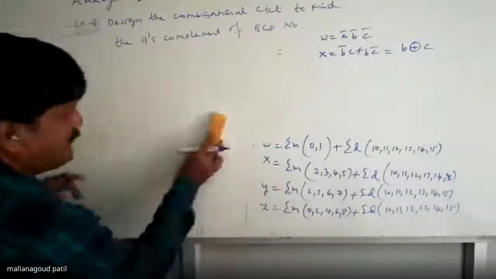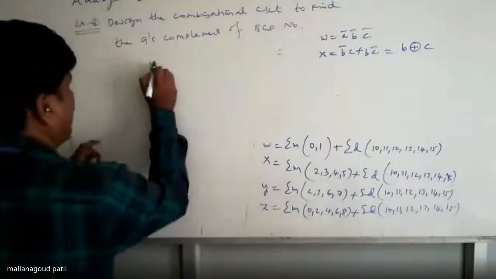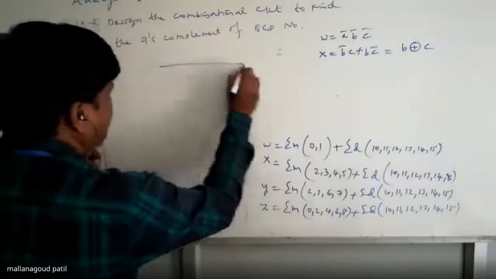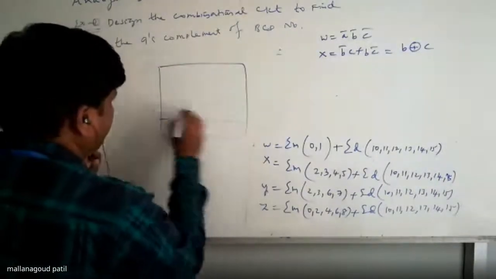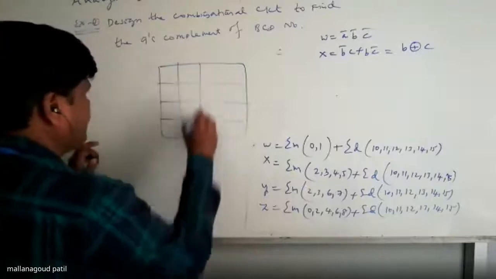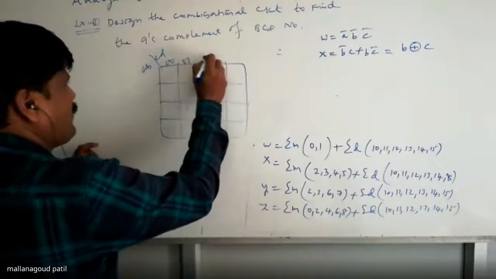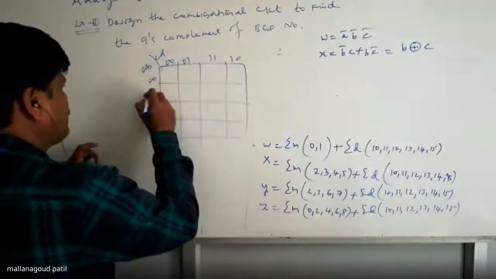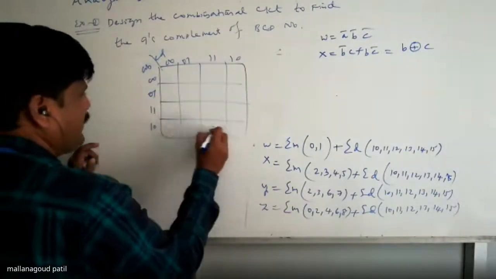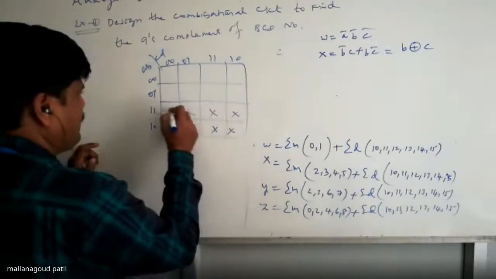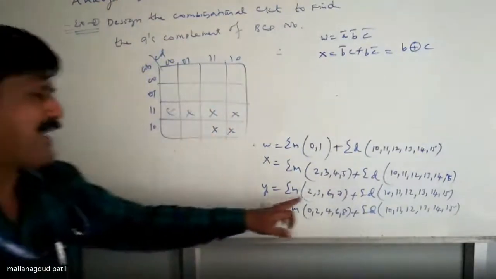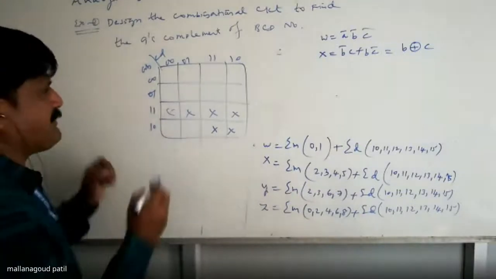Next will be Y. How are you writing Y? I can write Y for entry. No, I am not writing the cell numbers. Directly I can enter the cell numbers. A, B, C, D: 0, 0, 0, 1, 1, 1, 1, 0. Any don't cares are there; this is a known thing. Then Y is 2, 3, 6, 7.